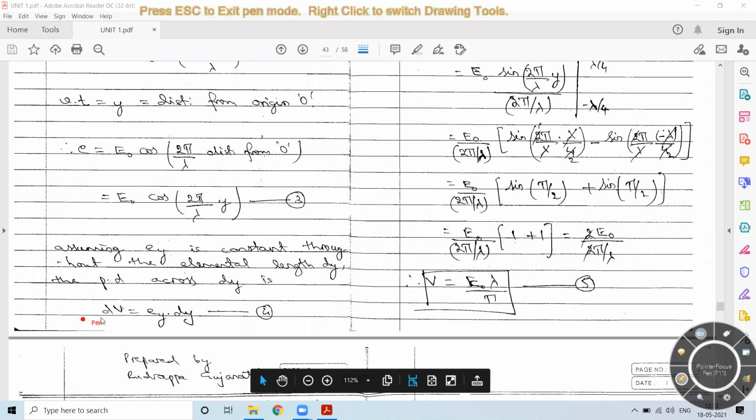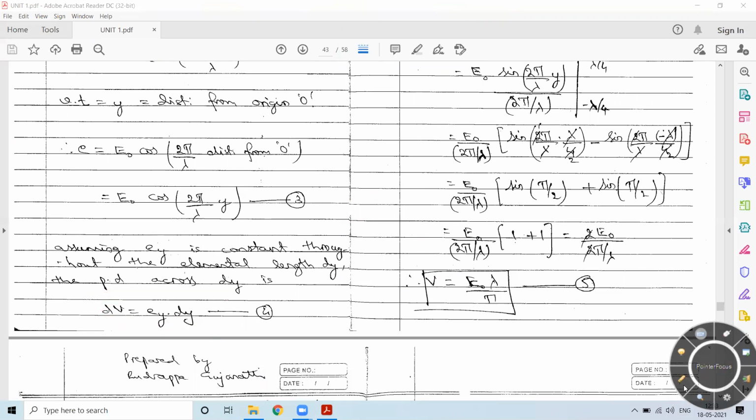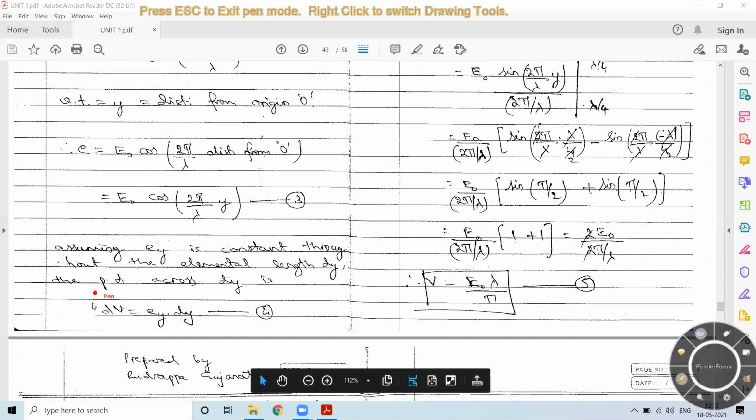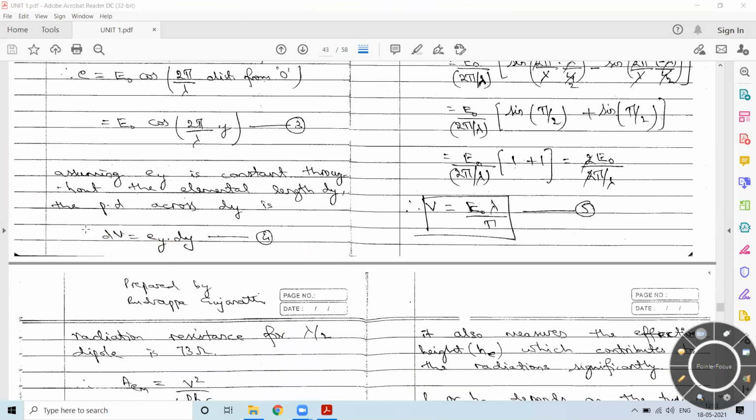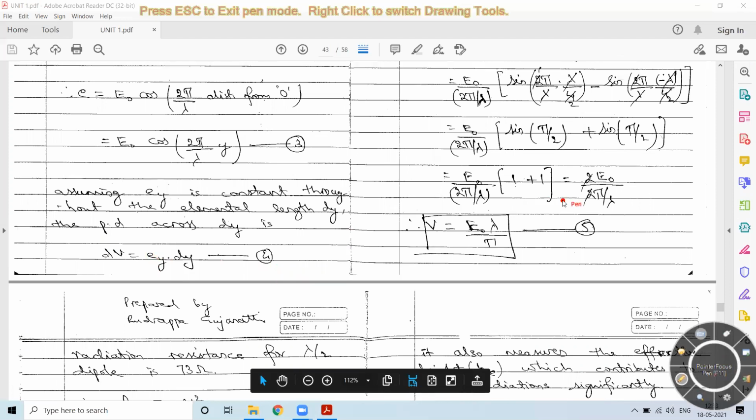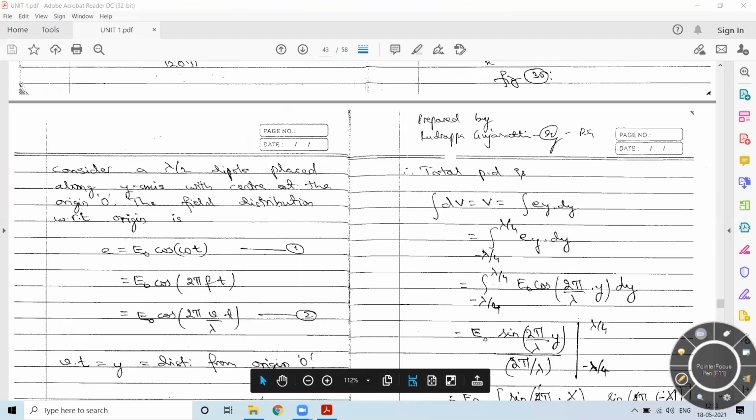When I apply that, the elemental potential is equal to the field value multiplied by that elemental length. Now, if I have to identify the overall potential, I take integration on both sides. When I take integration, the integration of dV leads to the overall potential.